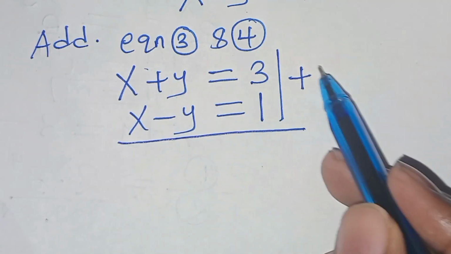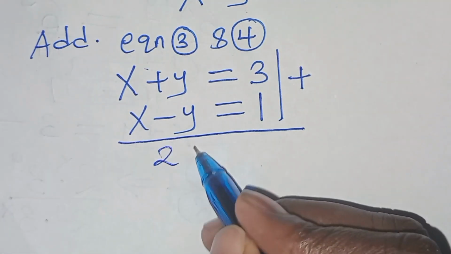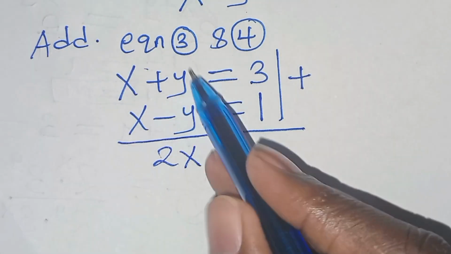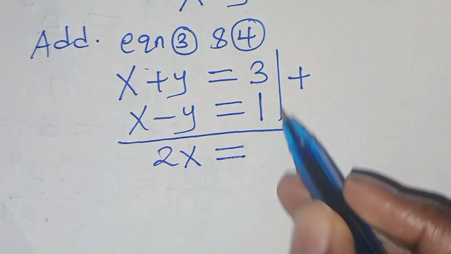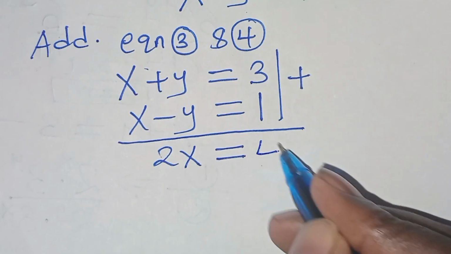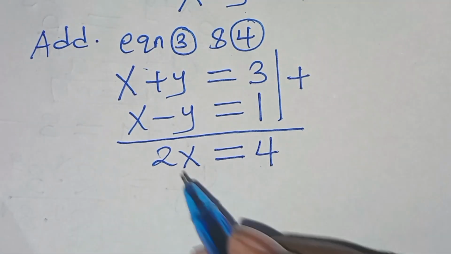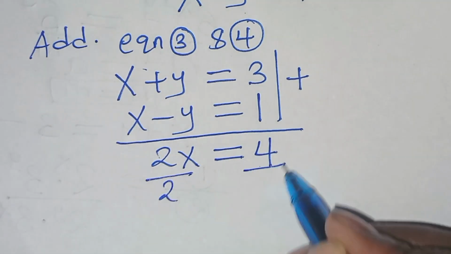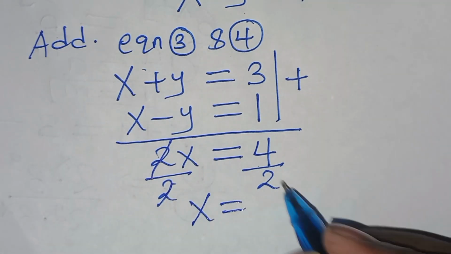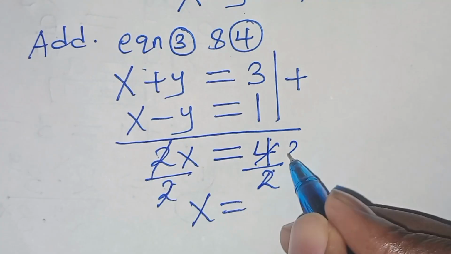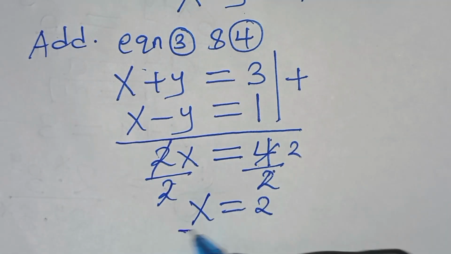So x plus x, this is 2x. Then y plus minus y, this simplifies. Then this is equal to 3 plus 1, this is equal to 4. Divide this by 2 and here by 2. So now x is equal to 4 divided by 2, this is 2. So x is equal to 2.